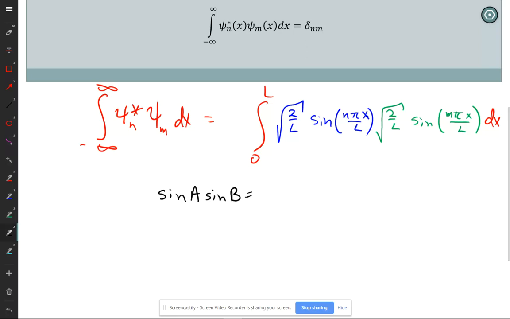This is the kind of thing that obviously I should have memorized. But I don't. I'm sure it's somewhere in the textbook, but where in the textbook? We could figure it out from the back cover of the textbook because it gives you sine of a plus b and cosine of a plus b, but I'm just going to look it up.